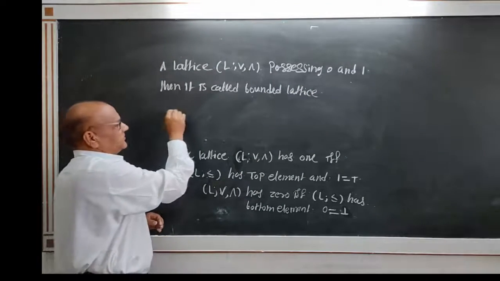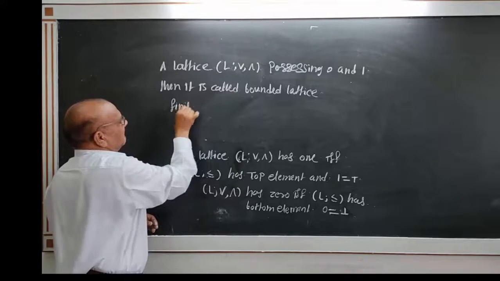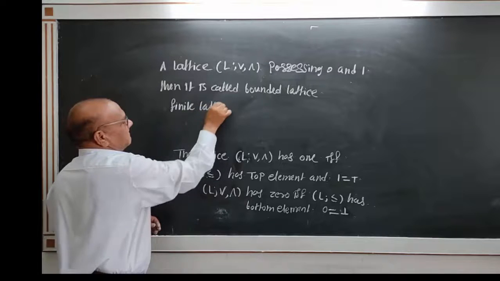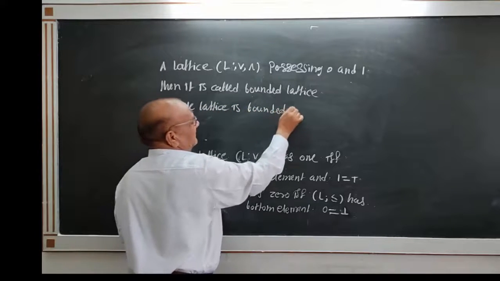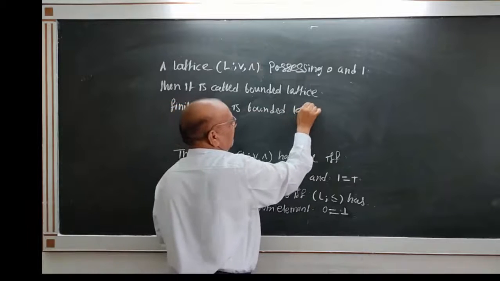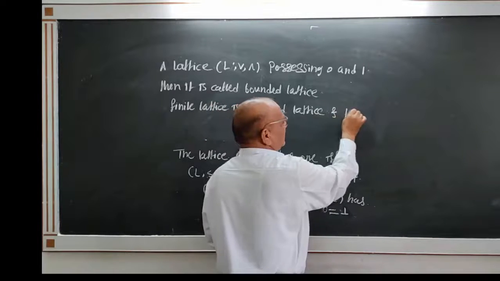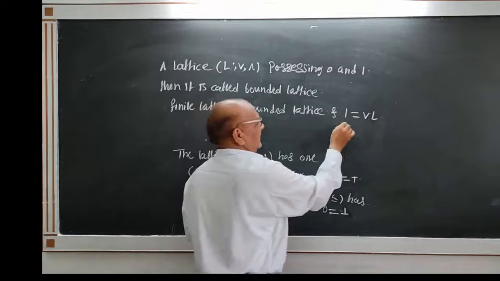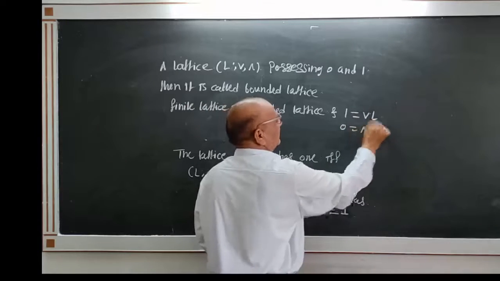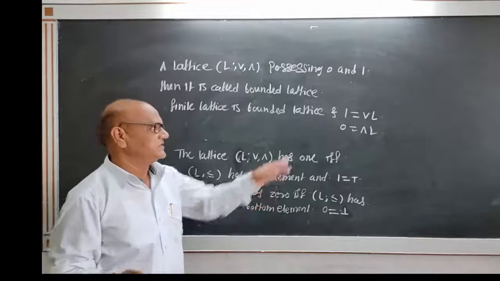Here a finite lattice is a bounded lattice. And see, 1 is equal to join of L and 0 is equal to meet of L. That means 1 and 0 exist.